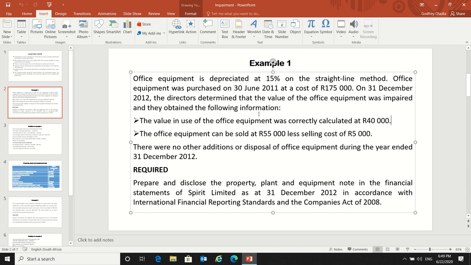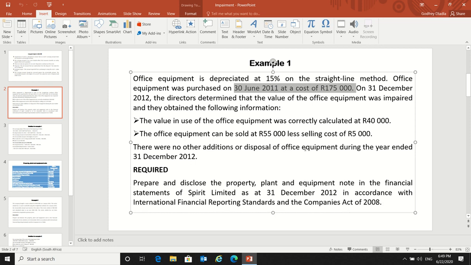Now, what you must always do when you are dealing with this, you can see here they are saying there were no other additions or disposals of equipment during the current year ended 2022. So they're limiting what we are saying here. Now, let's start here. You are buying the asset. According to the required, you are supposed to do a PPE note by 31 December, right? So the first thing you do, look at when the asset was bought.